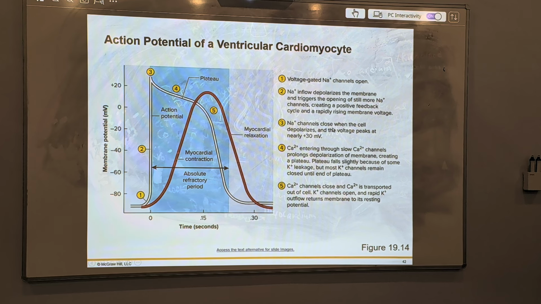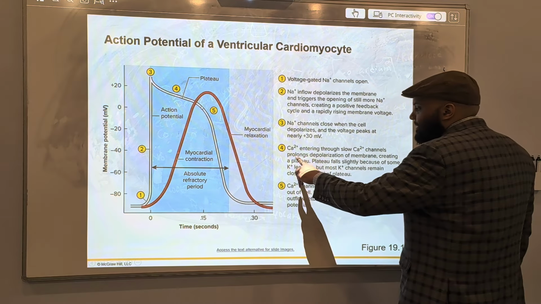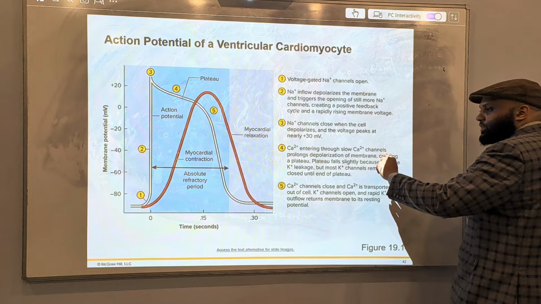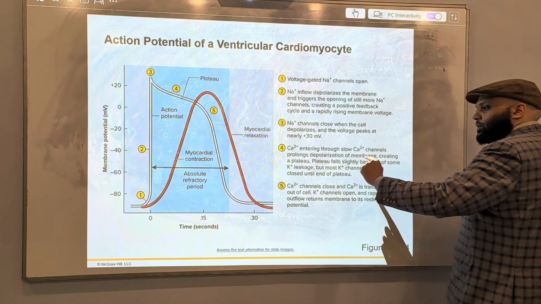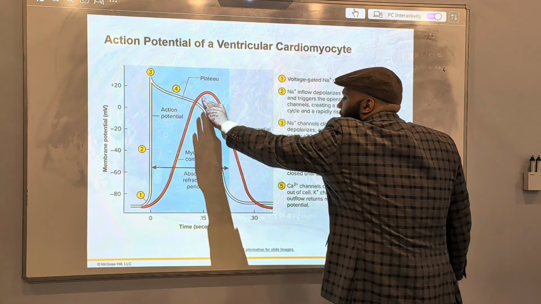The sodium channels close when the cell depolarizes and the voltage peaks at nearly plus 30. The calcium entering through the slow calcium channels prolongs the depolarization. You see? That's what we just talked about. The calcium entering through the slow calcium channels prolongs depolarization of the membrane, which creates this plateau phase.